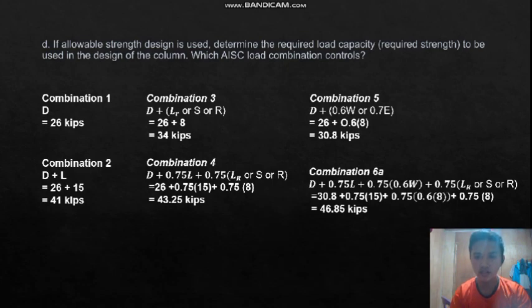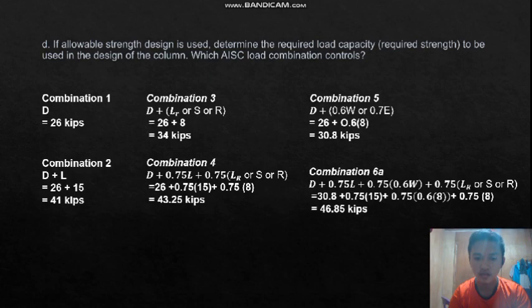Combination 6a, D plus 0.75L plus 0.75 multiplied by 0.6 wind load plus 0.75(Lr or S or R), where we choose here the S equal to 8.